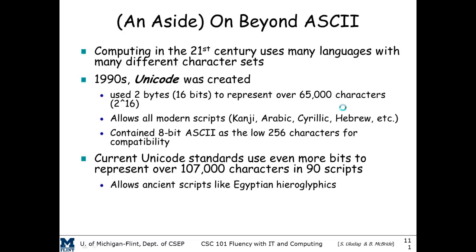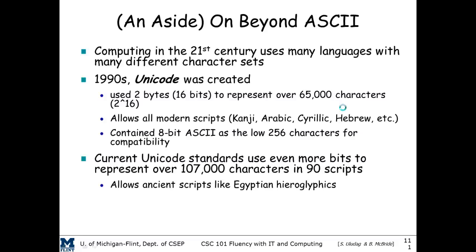By the 21st century, of course, we realized that even the 8-bit binary pattern of ASCII was limited, representing only Latin-based languages in Europe. And so we needed an expansion to something called Unicode. Unicode is a 16-bit representation.